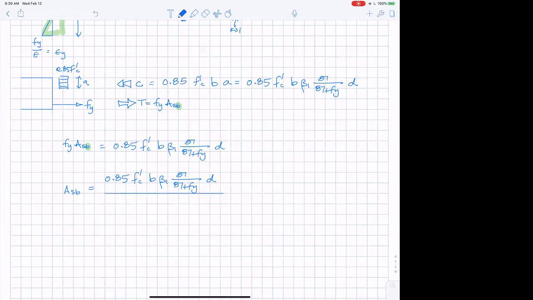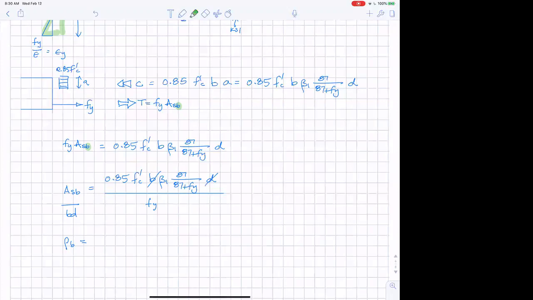divided by Fy. And so rho balanced, you've got to divide by BD. So divide by BD, divide by BD.